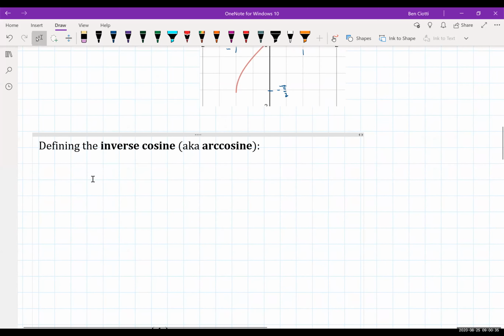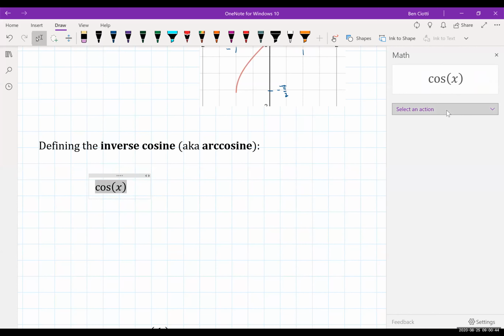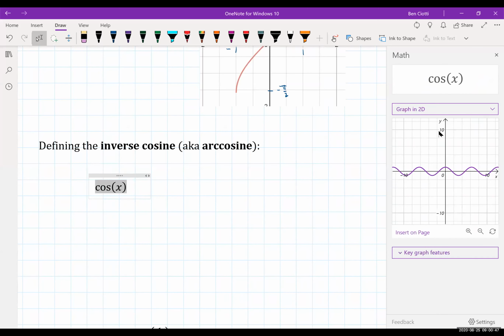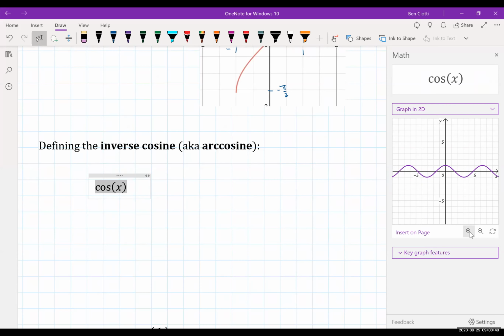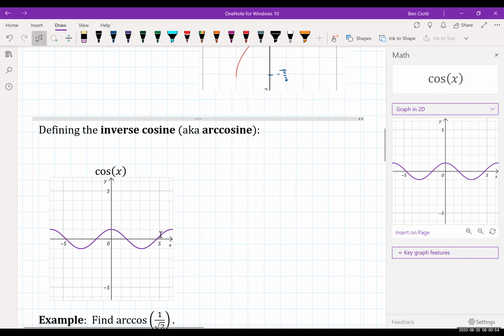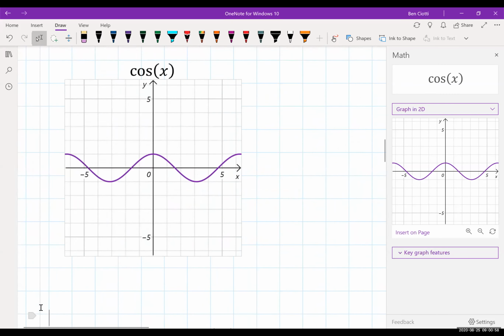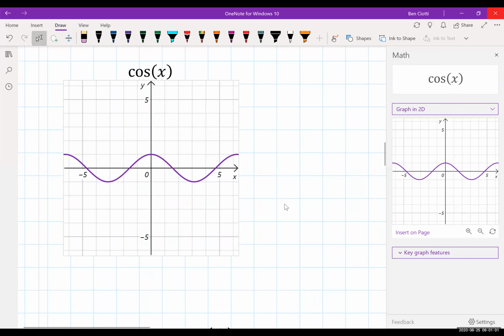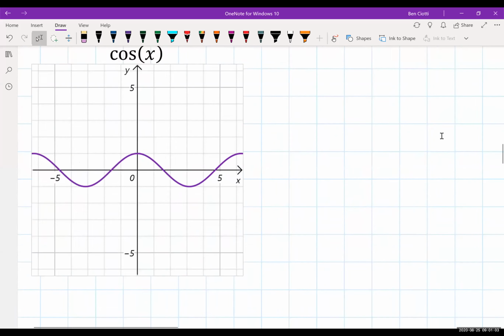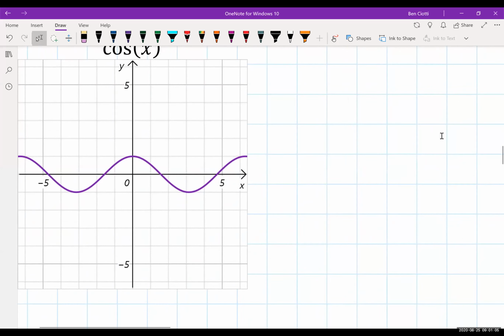Let's start off by looking at a graph of cosine. And as before, we're going to restrict the domain. So there's a graph of cosine, and we need to restrict the domain in such a way that it's 1 to 1.